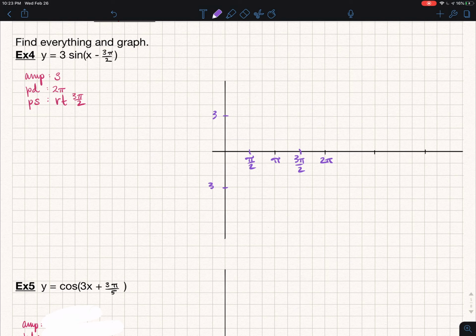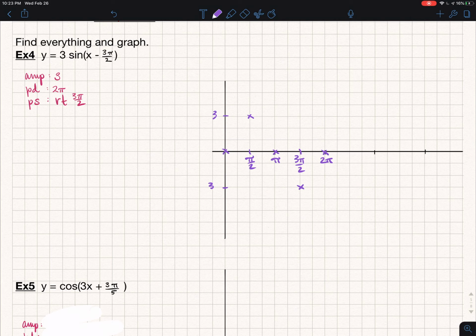Now, remember you're ignoring the shift right now. You're only paying attention to amplitude and period. This is a sine graph. So I'm going to just put some x's. Don't draw the sine graph. Just put some x's to show where the original 5 magic values are. Start at the origin. Go to the max. Back to the x-axis. Down to the min. Back to the x-axis. So I have 5 magic values that I've marked.